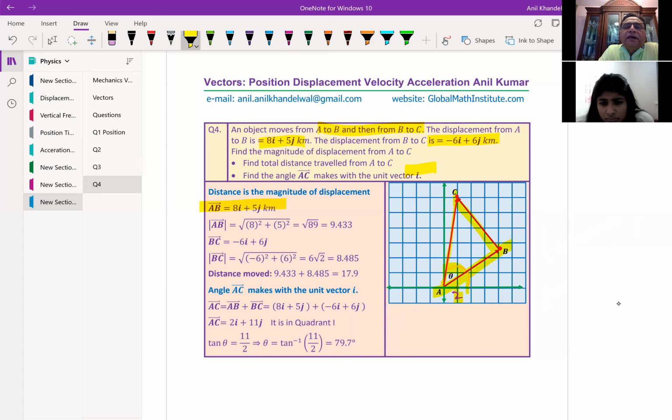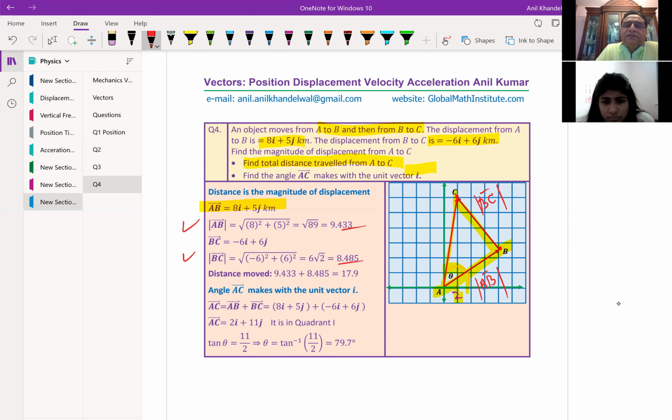We really want to find the total distance traveled from A to C. Remember, distance basically means we'll add the distance AB to the distance BC. Individually, we can find both distances. AB is the square root of 8 square plus 5 square, which gives us 9.433, and BC is the square root of 6 square plus 6 square, which gives us 8.485.